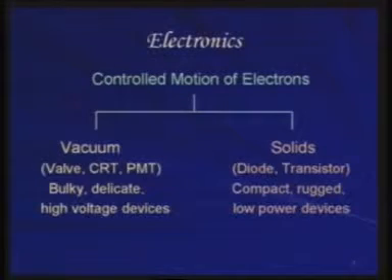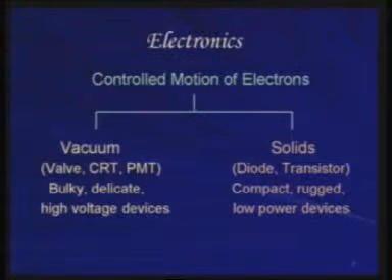However, these vacuum devices are glass encapsulated devices containing vacuum, and so they are very delicate. They are also bulky and they require higher voltages for operation, and that's why nowadays the use of vacuum devices has been reduced quite extensively, because of solid state devices.